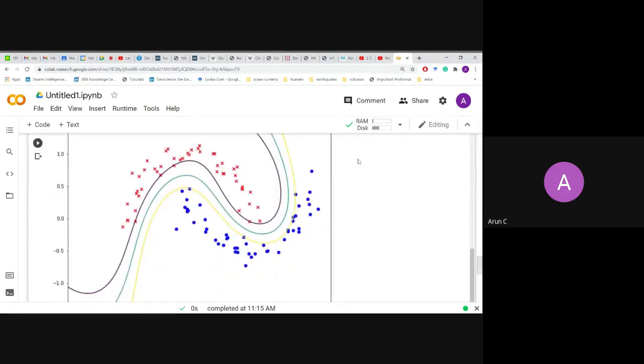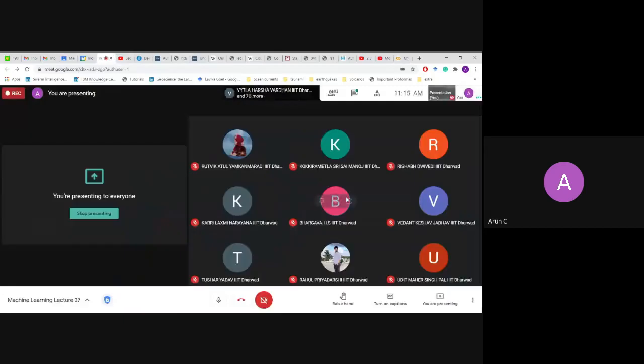Who wants to answer this? Okay, let's get back to the slides. Why am I getting a very different decision boundary with the Gaussian kernel and the linear kernel?